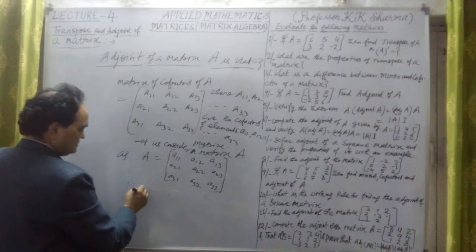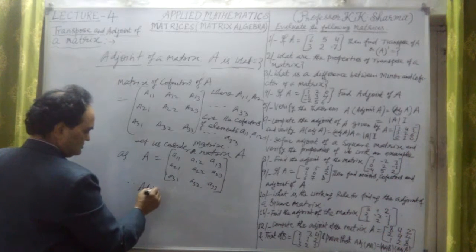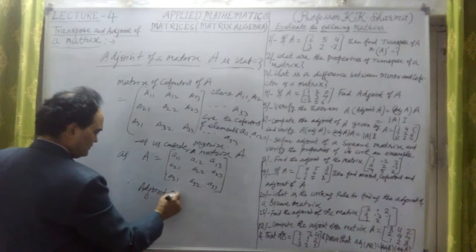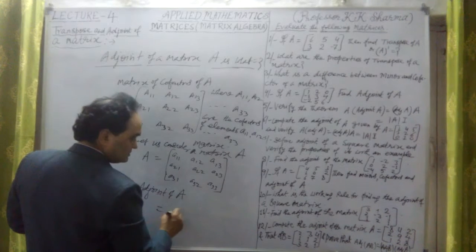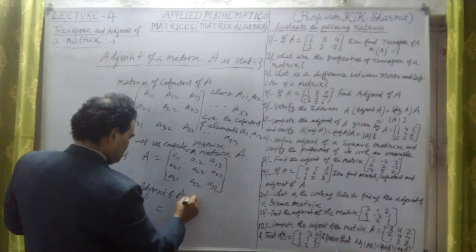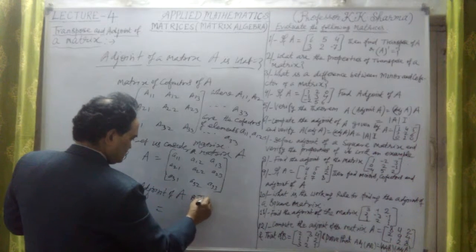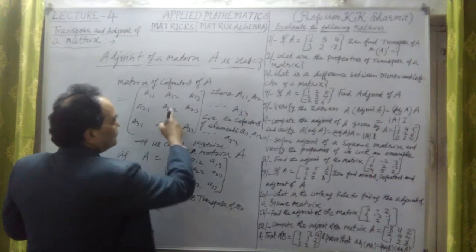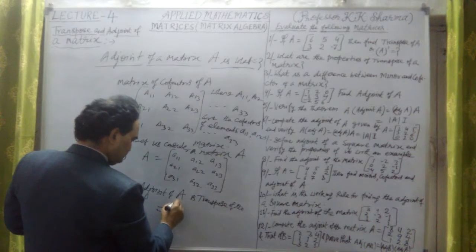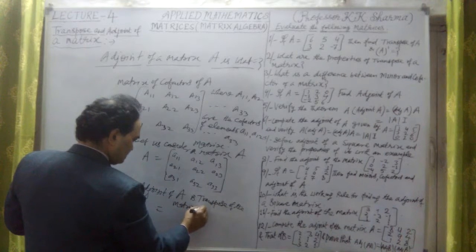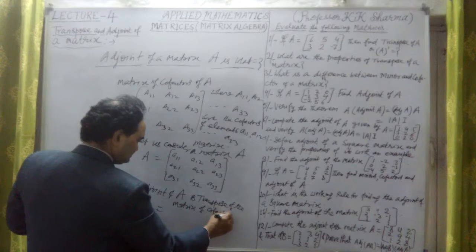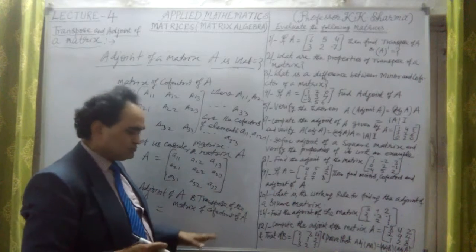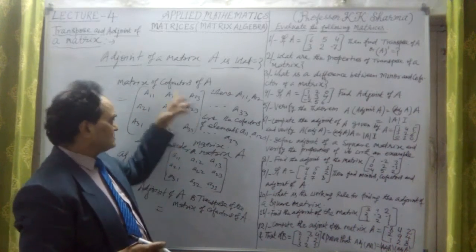Therefore the adjoint of A is the transpose of the matrix of cofactors of the given matrix A. First the cofactor matrix is obtained, and after that it is transposed.